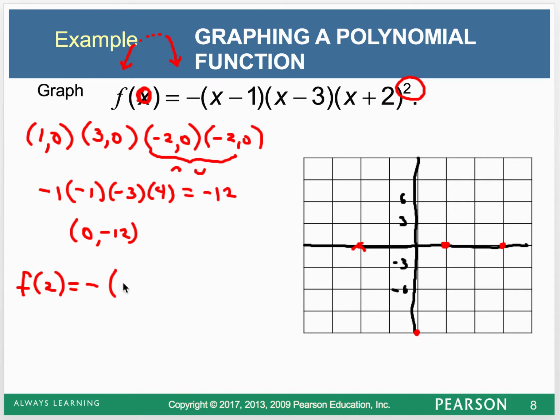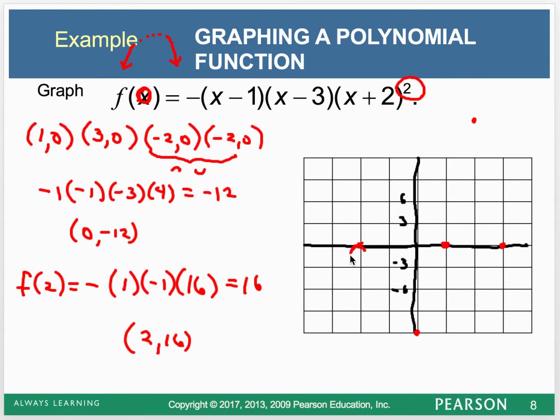Okay, so 2 minus 1 is 1. 2 minus 3 is -1. And 2 plus 2 is 4 squared is 16. So 2 negatives, this is +16. So I've got another point, my extra point, at 2, 16. 3, 6, 9, 12, 15, about right there.